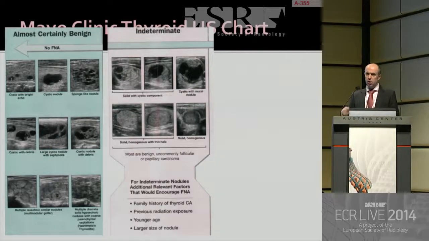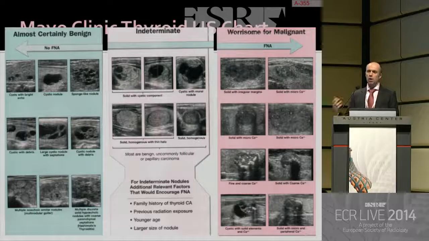Most are benign, but they can contain follicular carcinoma. So these would warrant an FNA, definitely if there's any high-risk clinical history. And then concerning or worrisome for malignancy, definitely FNA. These are our solid, hypoechoic, ill-defined margins, taller than wide, microcalcification or calcification or cystic neck nodes.